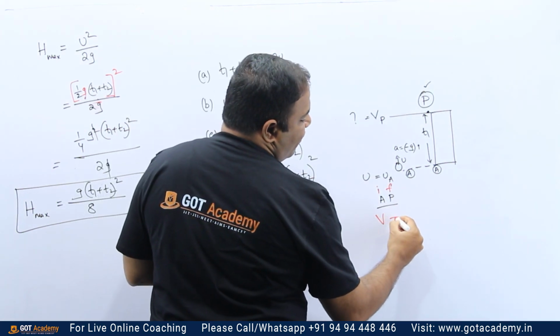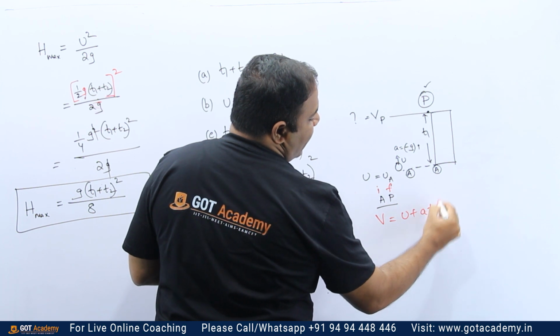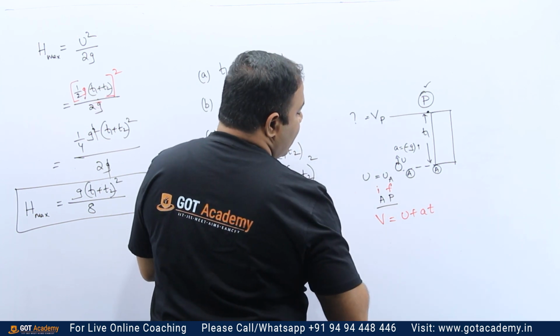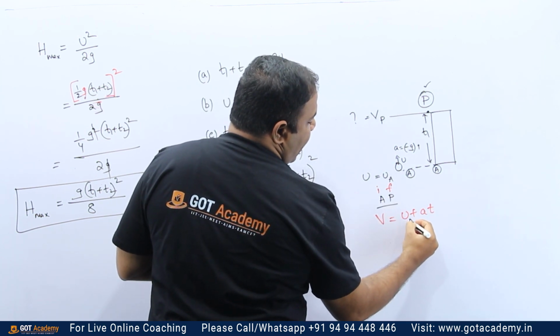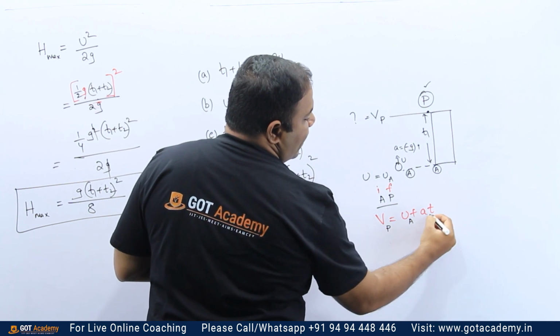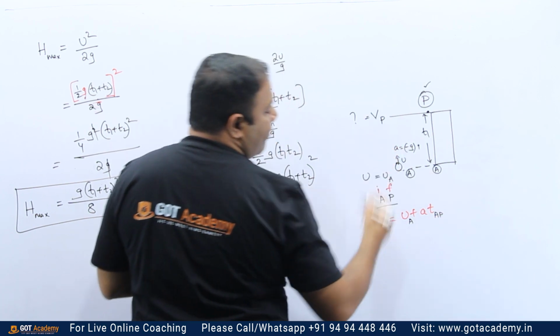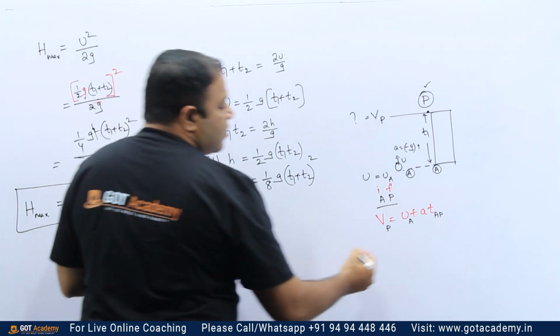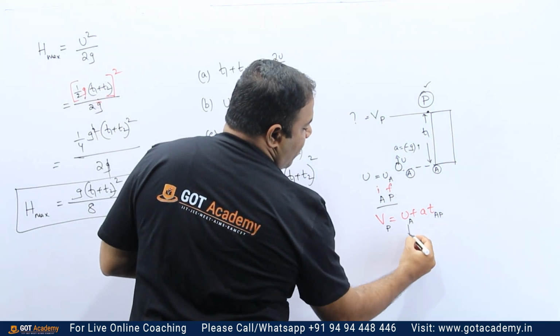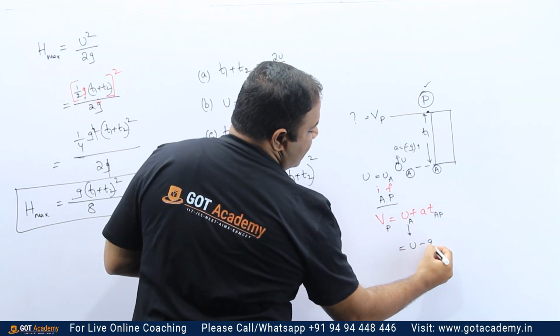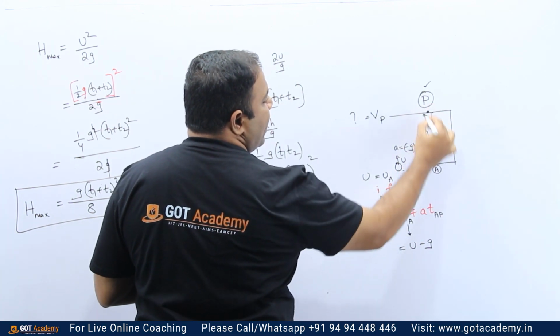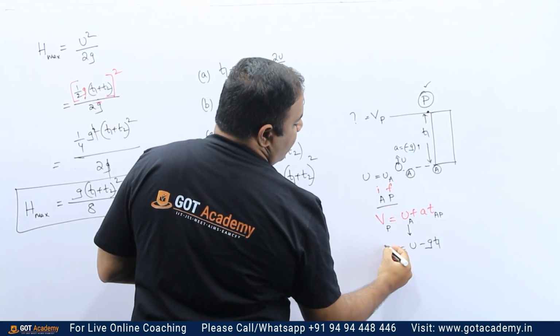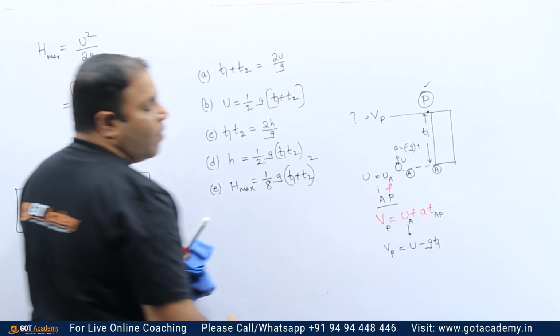So what is the equation? v is equal to u plus a into t. This initial is A and final is P, and t is the time taken from A to P. Clear now? The velocity at point A is u only, acceleration is minus g, time from A to P is T1. We are interested to find out the velocity at point P.